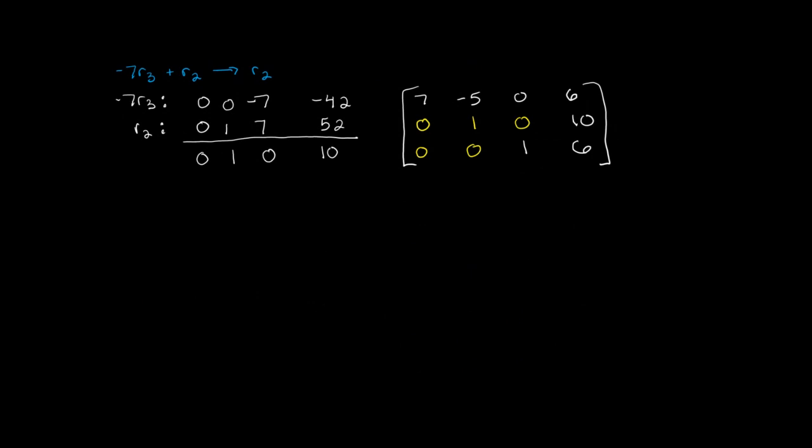So we are almost in our reduced row echelon form. Now I want to get rid of that -5. And we will do that by taking row 2 and multiplying it by 5, and then combining that with row 1.